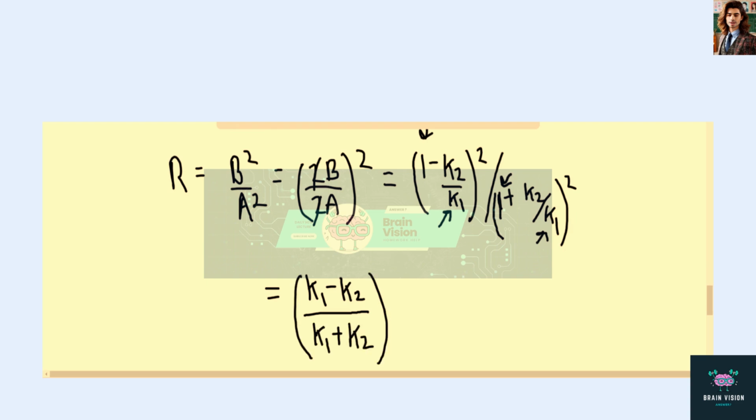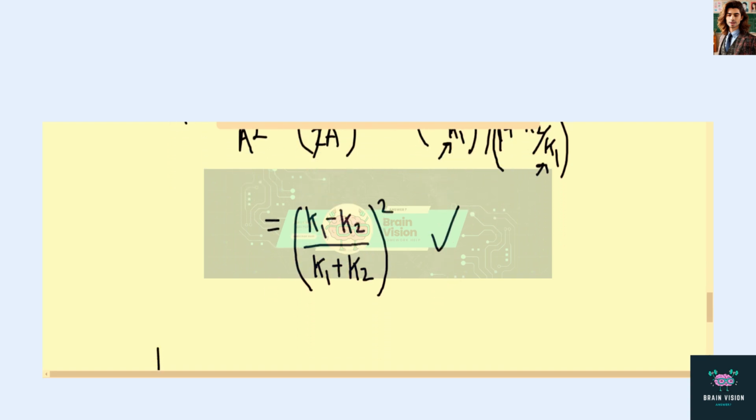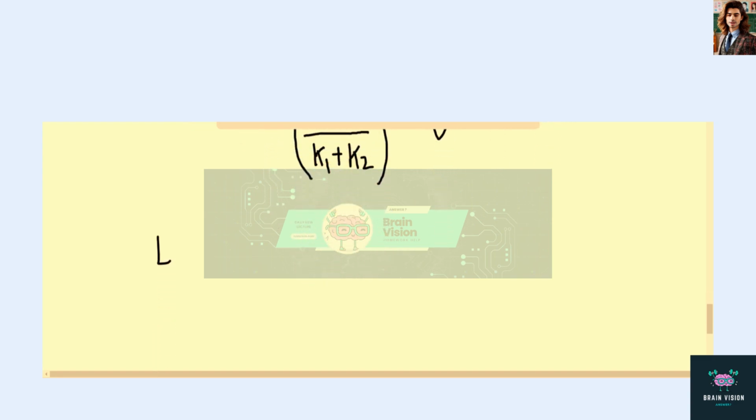You just do a little algebra with common denominators, and you end up with (k1 minus k2 over k1 plus k2) squared, which is the result that we want. If the k vectors were the same, in other words, there were no difference in potential energy between the two regions, then the reflection coefficient would be 0, and you would have complete transmission.